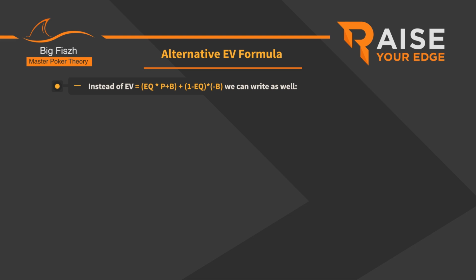What we did before was setting up the different outcomes and replacing each by the product of probability and net profit, as you can see here. In case of our previous example, where villain bet pot, it would have been equity times bet plus pot, added to 1 minus equity times minus bet. Fair enough, that was the way we did it previously.